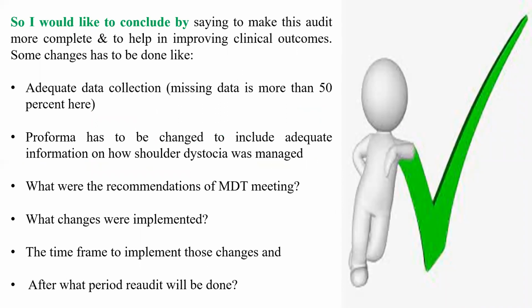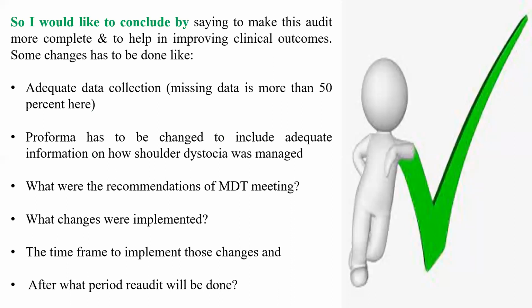Finally, conclude your appraisal, or conclude your station. You can say, so I would like to conclude by saying, to make this audit more complete and to help in improving the clinical outcomes, some changes have to be done. Like, we have to adequately collect the data, because here the missing data is more than 50% of the cases.